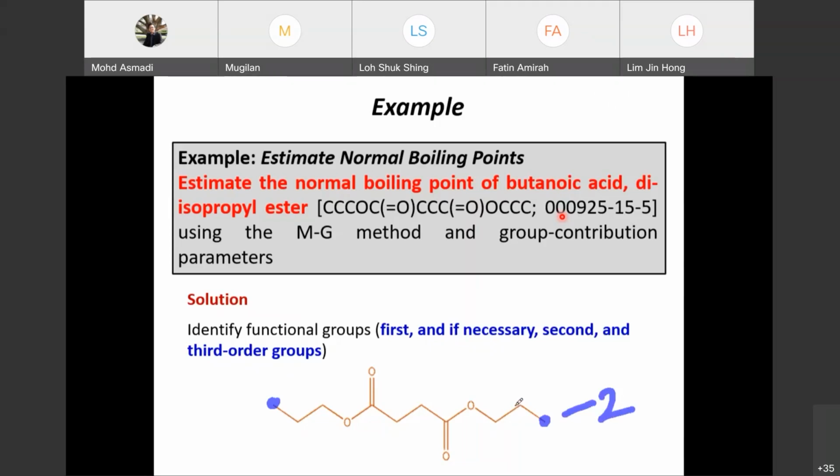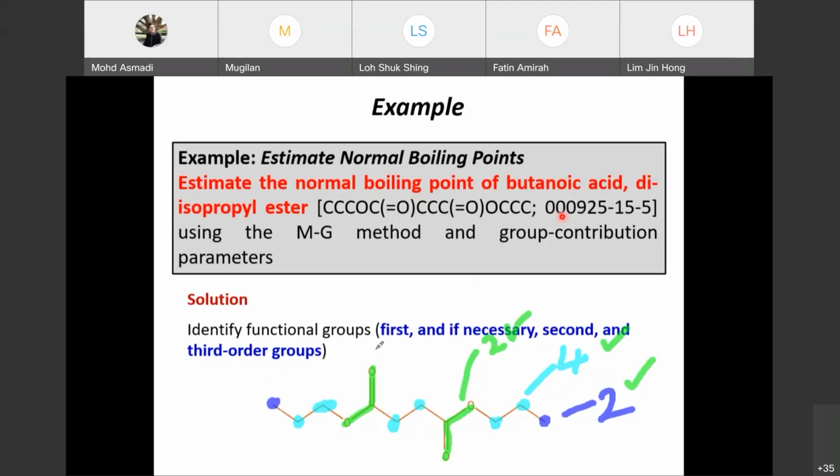How many CH2? There are 4. And CH2COO, only 1. So these are the first order groups, and the numbers of occurrence are 2, 4 and 1.